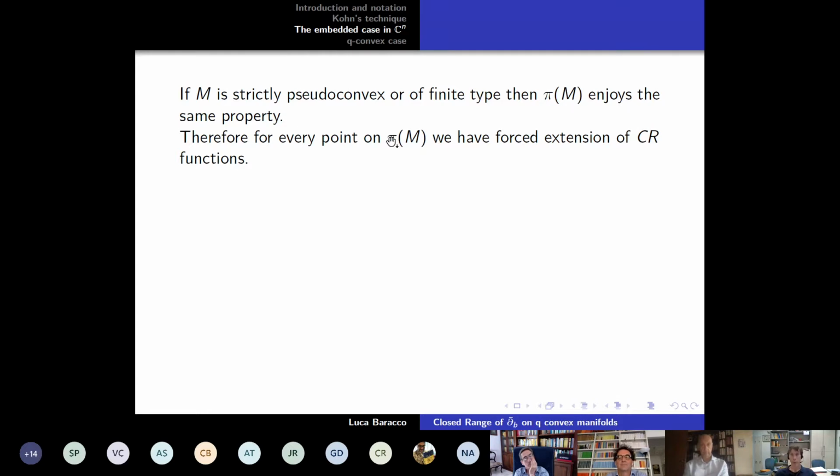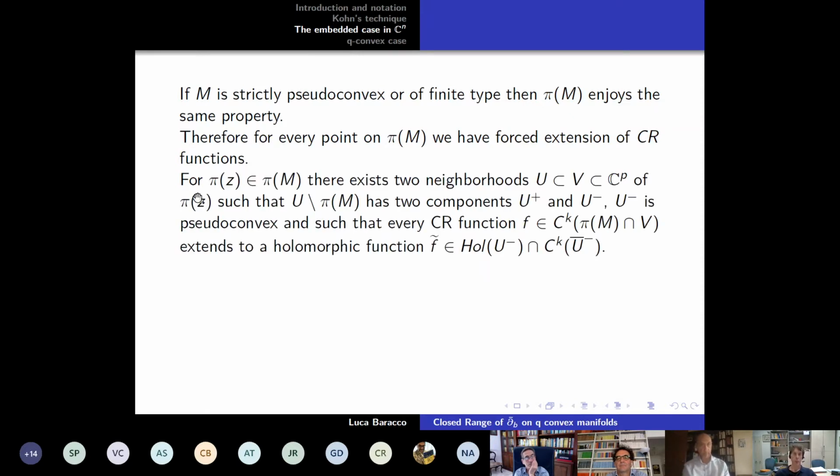Now, if M is strictly pseudo-convex or of finite type, pi of M enjoys the same property. Therefore, for every point on pi of M, we have a forced extension of CR functions, which means that there exist two neighborhoods, U and V in Cp of pi of Z, such that U is divided in two components, U plus and U minus.